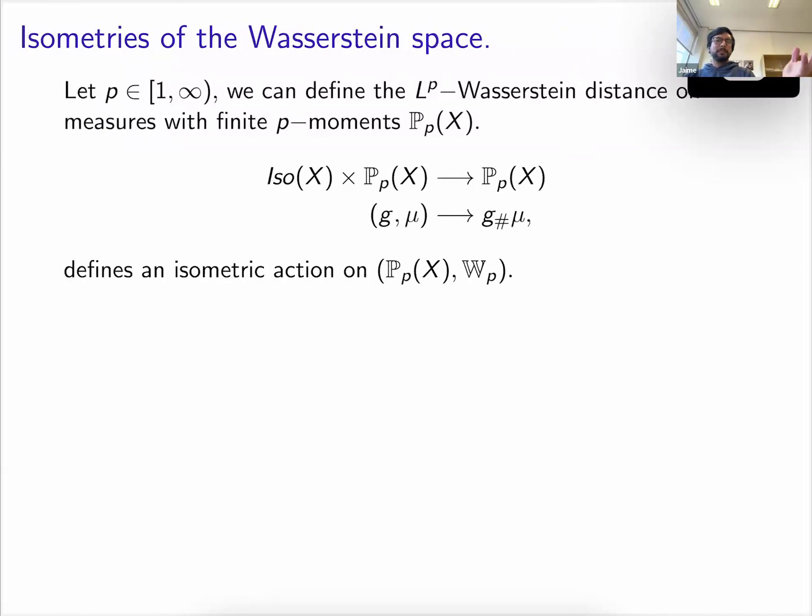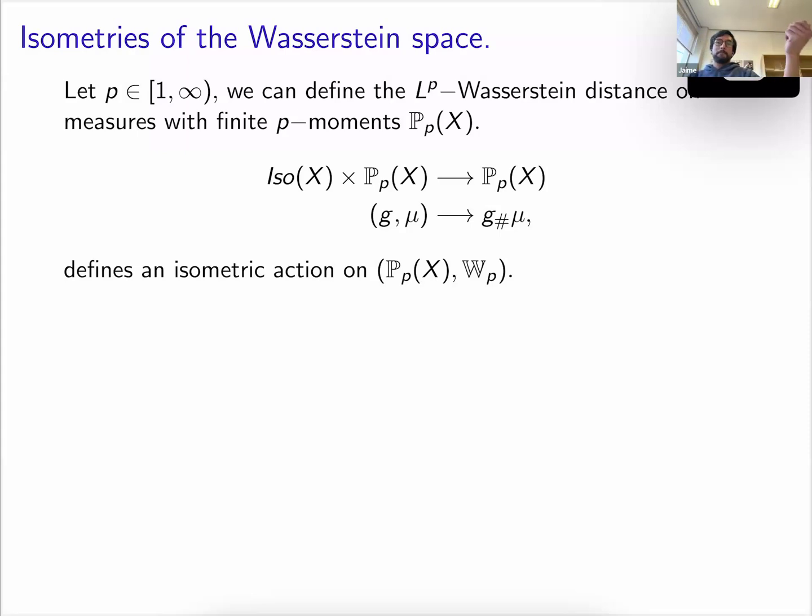And something that's quite natural is that if Isom(X) is the isometry group of X, I can give an action on the space of probability measures via push forwards. I can take an isometry g and measure mu, and I just send it to g push forward mu. And this will define an action by isometries on the Wasserstein space.